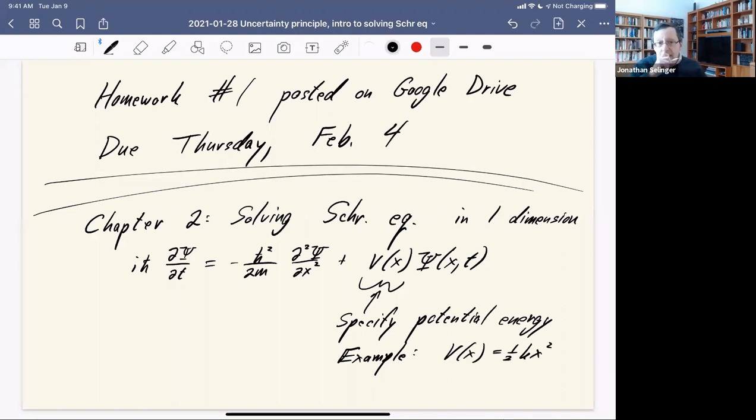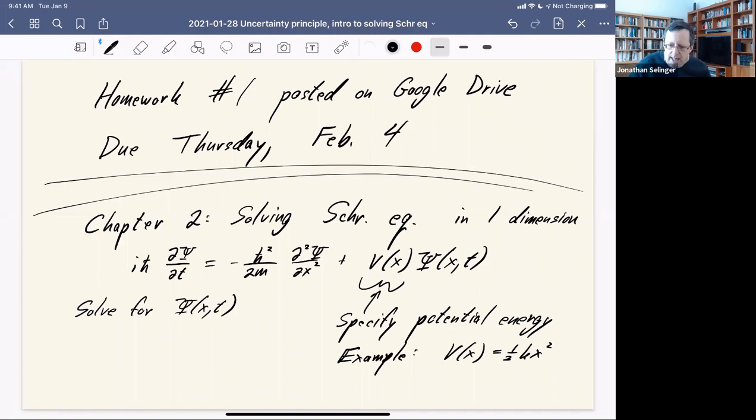Okay, so that's an example of a potential energy function that you're familiar with in classical mechanics. And then we can say, well, what if we put that potential energy function into Schrödinger's equation? What do we get out if we want to solve for the wave function, right? The psi of x and t. Okay, so we have to specify the potential energy, and solve for psi of x and t. Right.